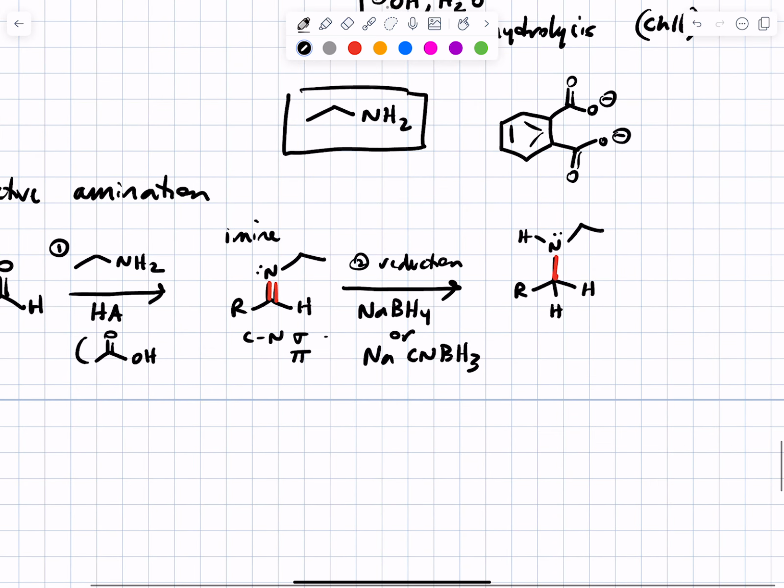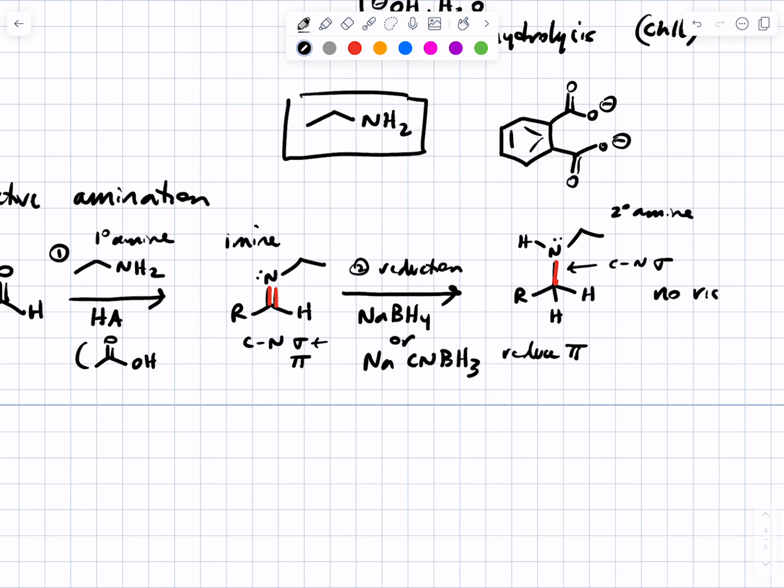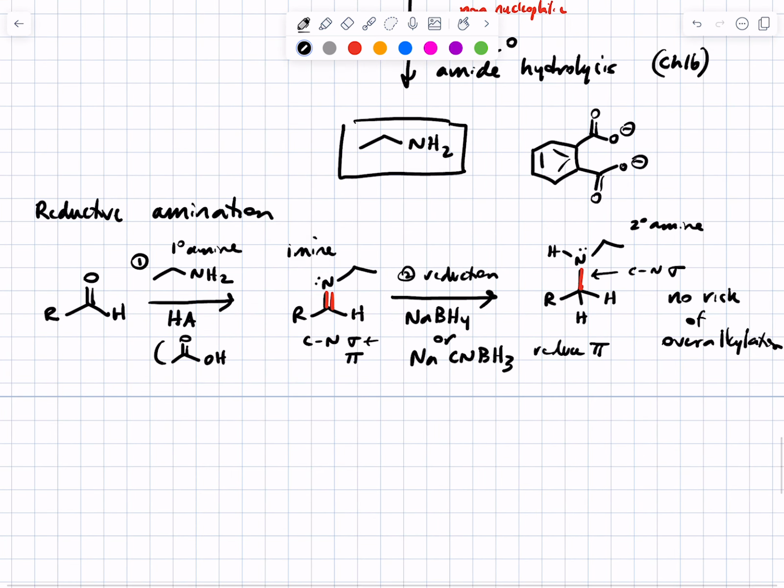So we make the carbon-nitrogen sigma bond here, we reduce the pi bond here, we're left with this carbon-nitrogen sigma bond, and you see we've taken a primary amine and converted it into a secondary amine, and again, there was no risk of over-alkylation. So organic chemists literally use this strategy all the time in the lab when we need to make amines in a controlled way. And you should be aware of and know how to use both of these.